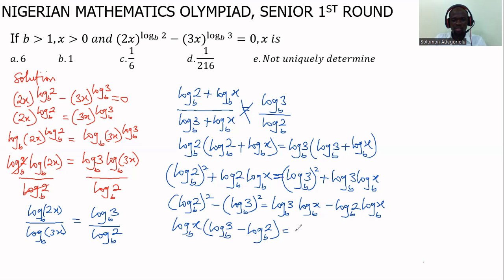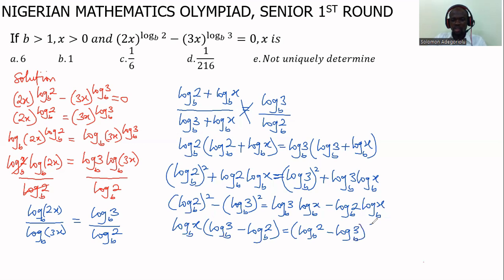So coming over, it is equal to, now this that we have here is a difference of two squares. So we can expand this. Expanding it, we are going to have log 2 base b minus log 3 base b.